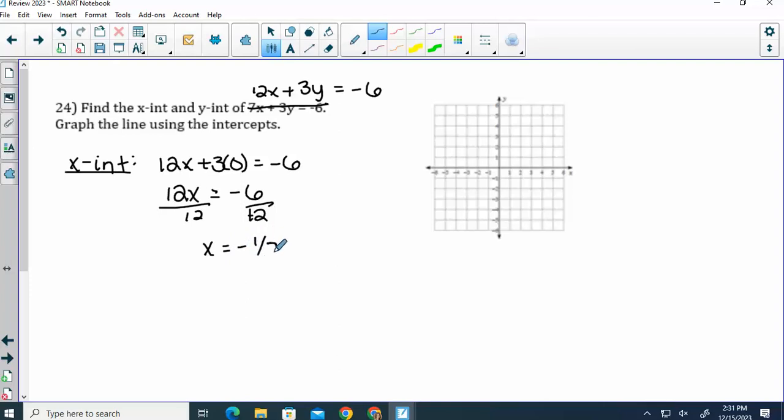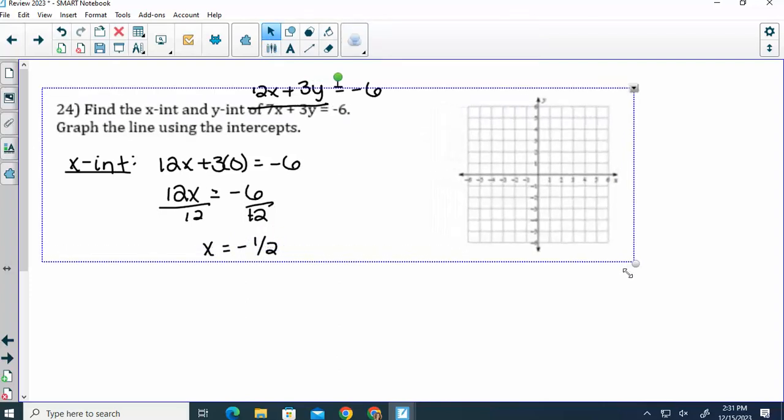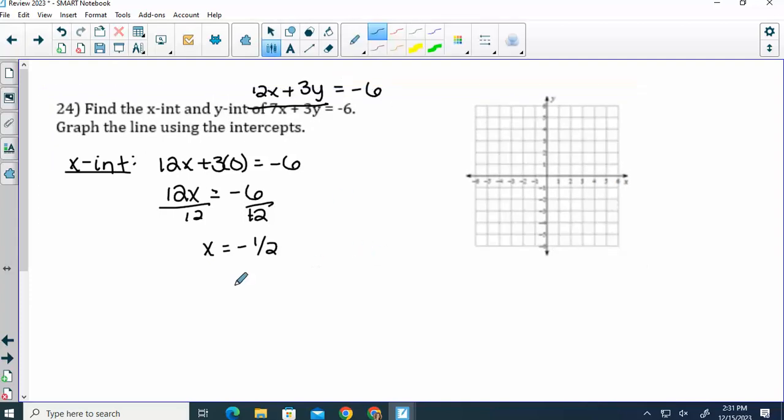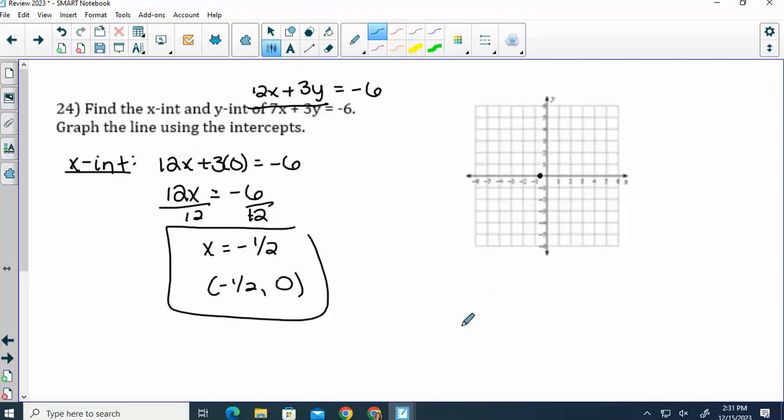And we get a -1/2. Okay. If I ask for an ordered pair, the x is -1/2, what's the y? 0. Okay, so if I plot those, -1/2, 0 is where we hit the x-axis. Our best approximation at it.